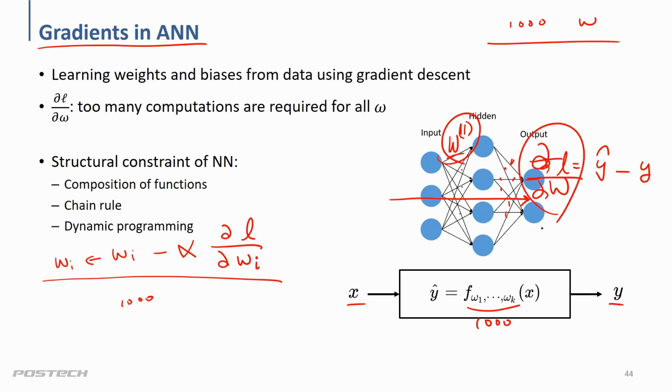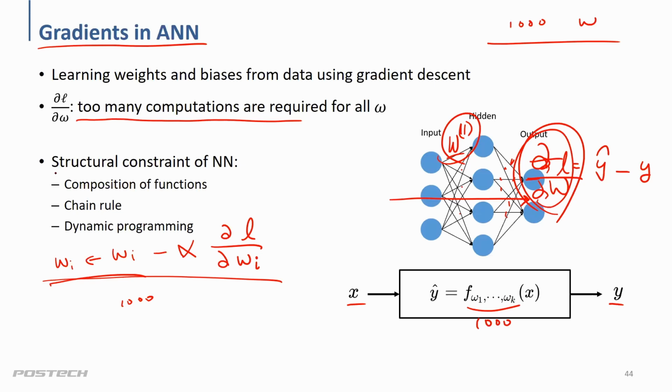Whether we can compute it, this is just whether the slope is positive or negative, and that gives us the idea in the next iteration whether we need to increase or decrease that weight for each update. In theory it's possible, but the problem is it requires too many computations. That's the problem.